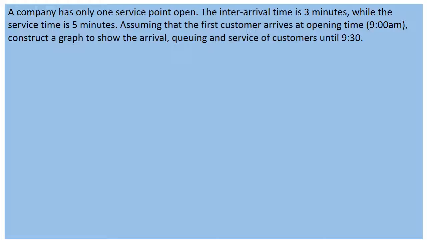We can also express this information as a customer service graph. So we can go from a customer service graph to a customer service table and back and forth, but we can also do this from a bit of information. So in this case, we have an inter-arrival time of 3 minutes and a service time of 5 minutes.